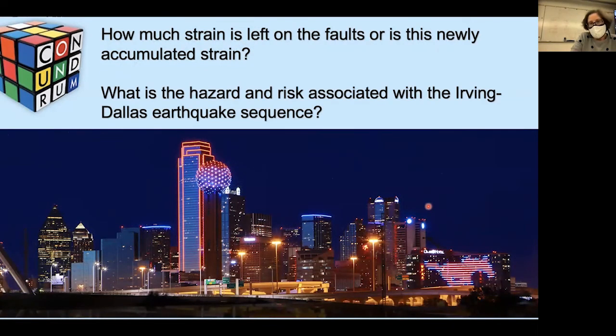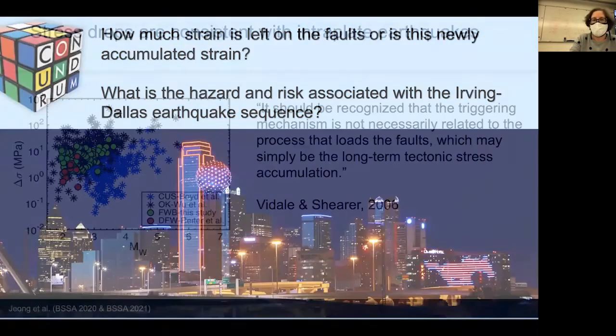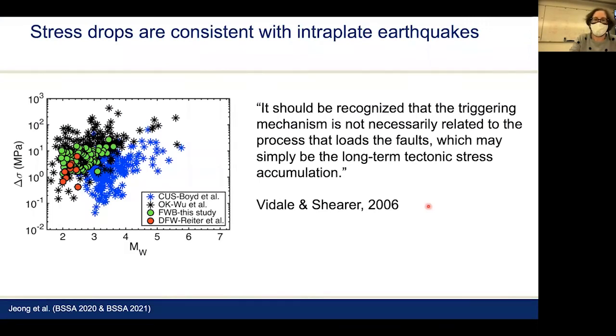If you're releasing strain that is essentially left over, which it appears you were doing, how would you figure out how much energy remained on these faults to be released in an earthquake? And this is where I'm really sad that I have gotten so far behind in my talk, but we studied stress drops, Doug. We did.